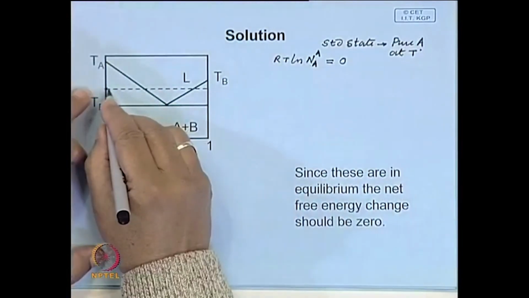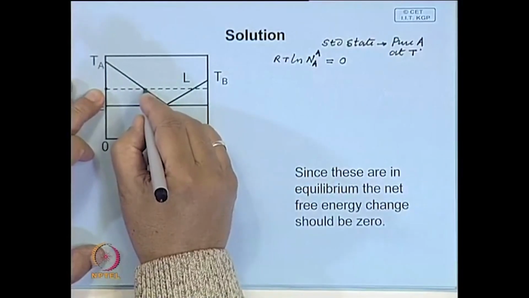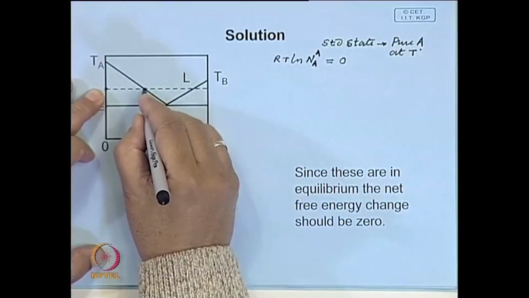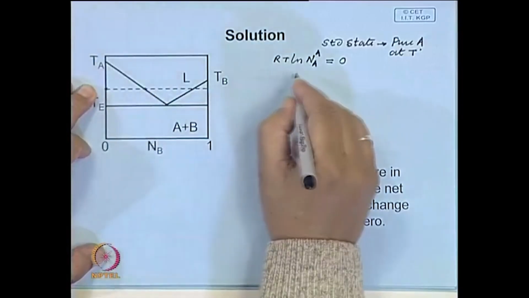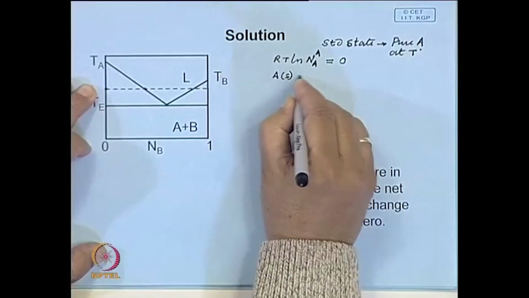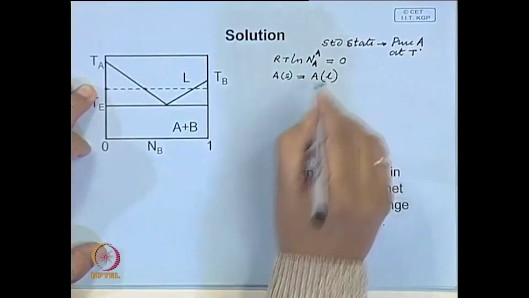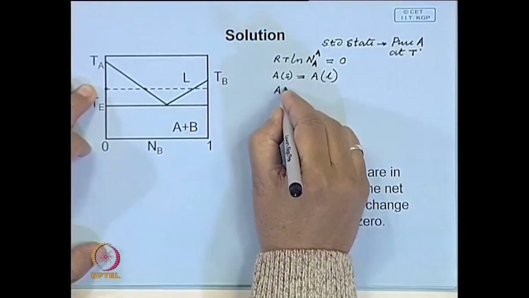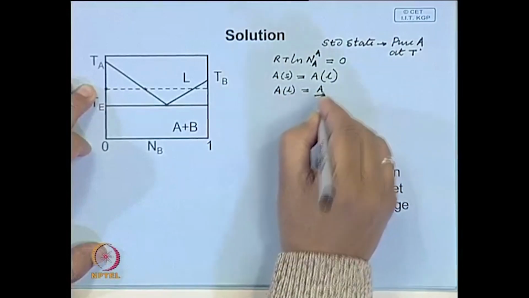Now, how do you calculate the partial free energy of A in liquid? In that case, you take first pure A solid, it transforms into liquid, and then we assume that this A liquid goes into solution.